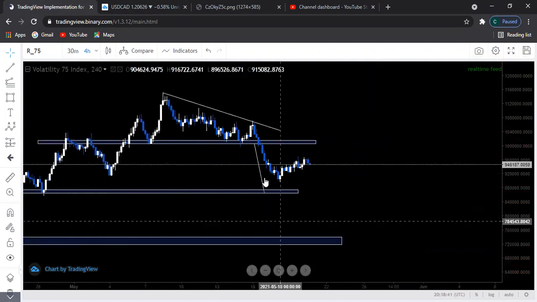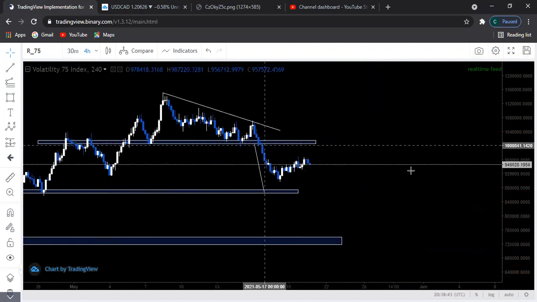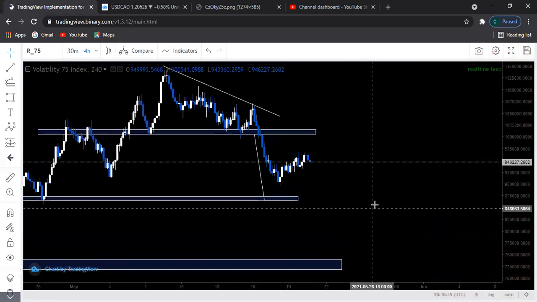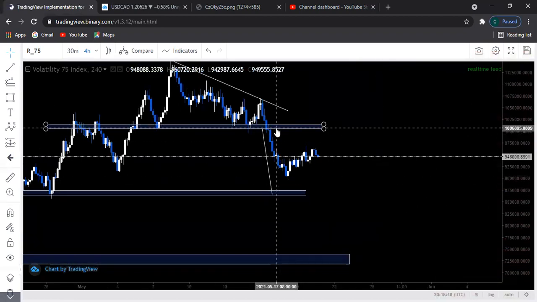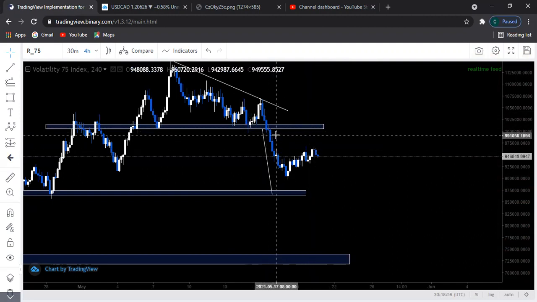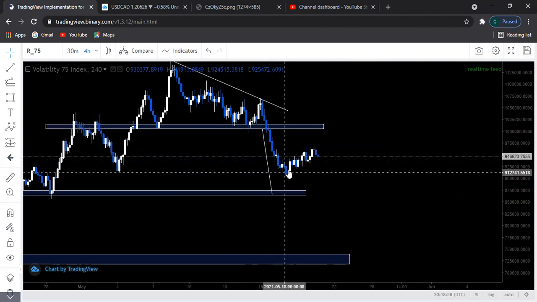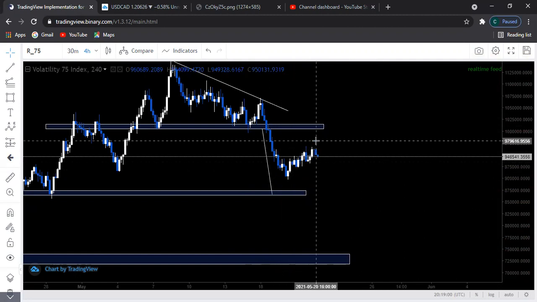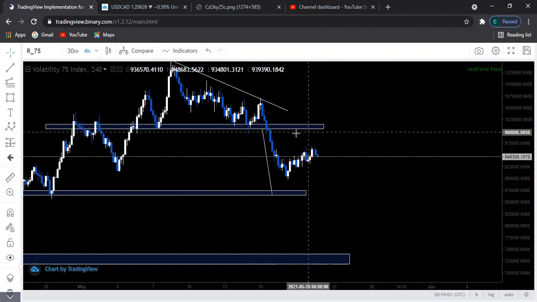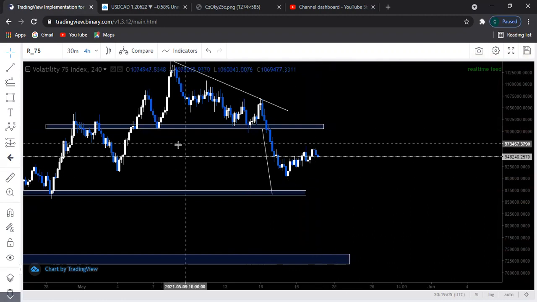But then prices never gave us a nice entry, right? Prices never gave us a nice entry to take the trade. Whatever happened. We didn't get a nice entry. That was that, right? So now prices are looking like they're trying to retrace some price range up here before they actually keep on getting bearish.